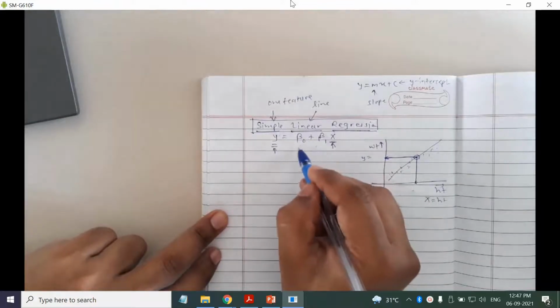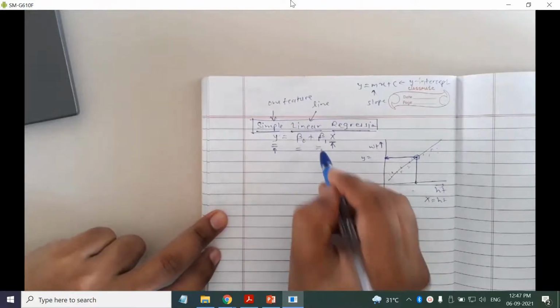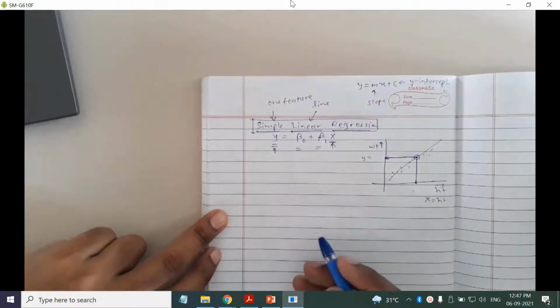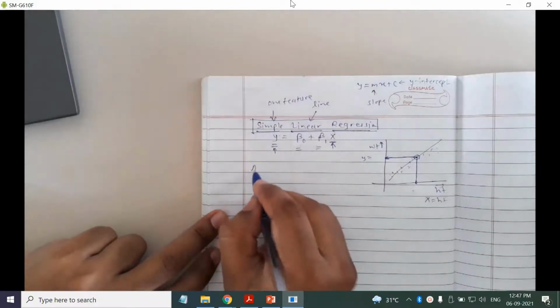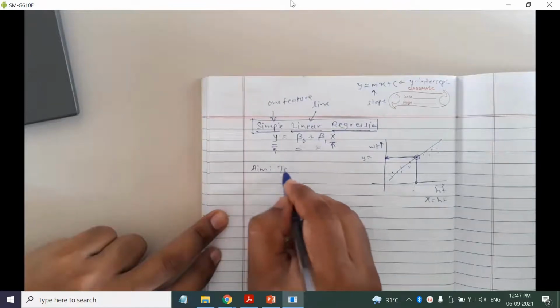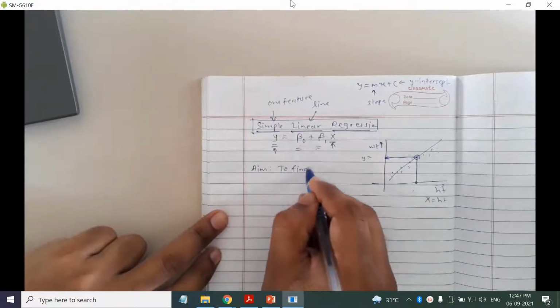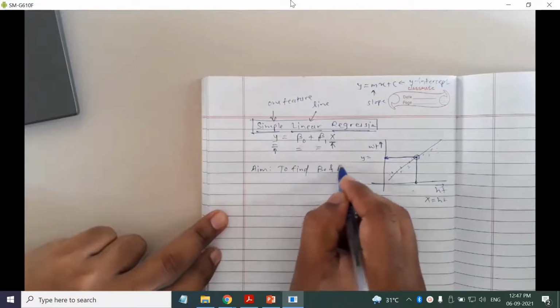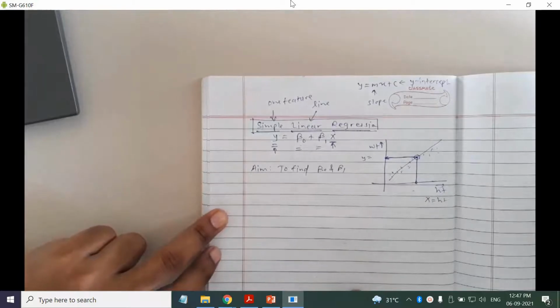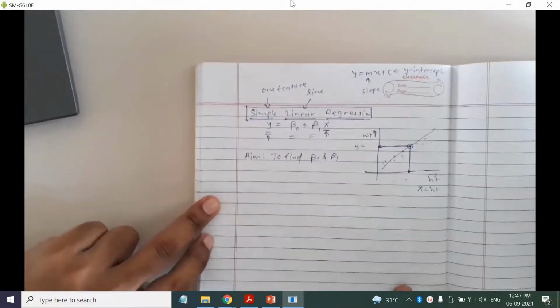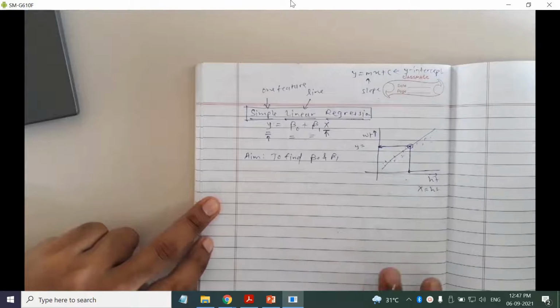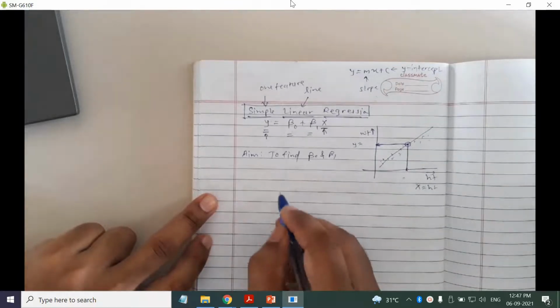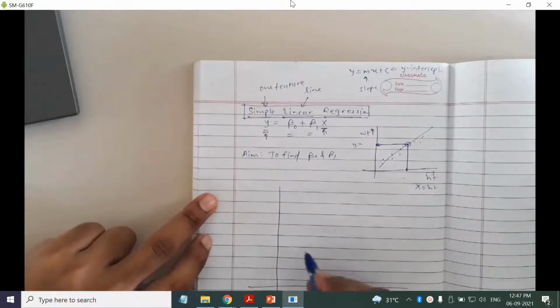So we have to learn beta 0 and beta 1 from the given samples. Our ultimate aim is to find the beta 0 and beta 1 values. Now let's try to find out the values of beta 0 and beta 1. Let me redraw the samples.